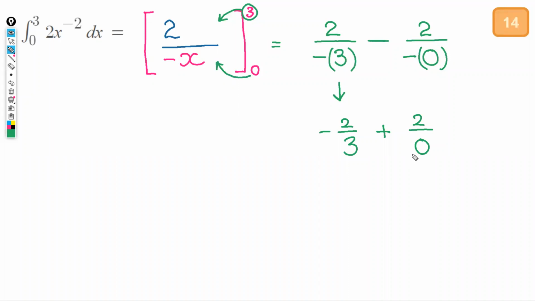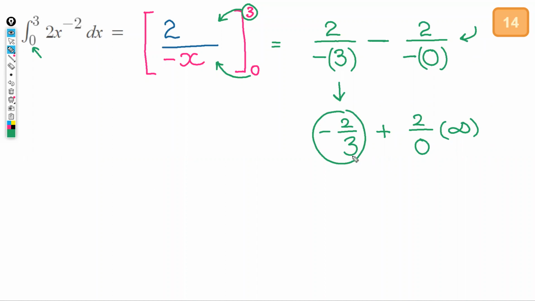It's an error. Anything divided by 0 is infinity. So I made a slight mistake. I wasn't supposed to put 0 here. I was probably supposed to put the number 1 or something. So my error, but once you got the minus 2/3 and you had this line, you were on the way to getting it correct anyway.